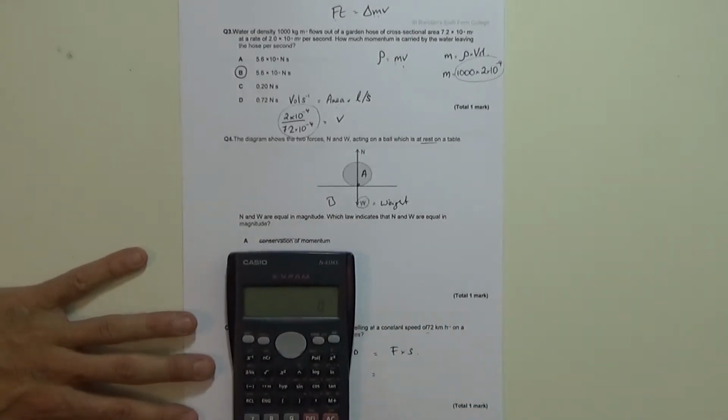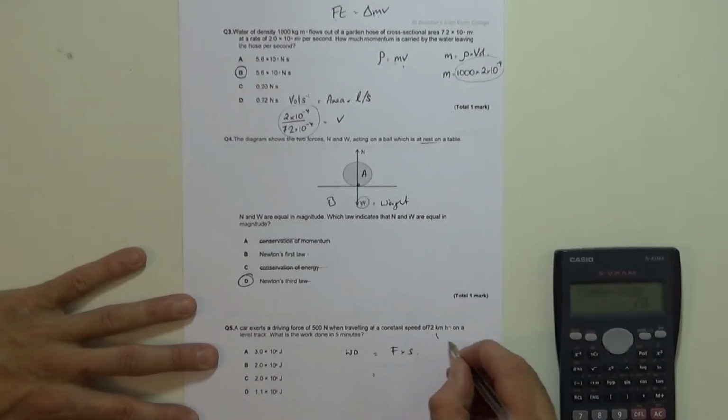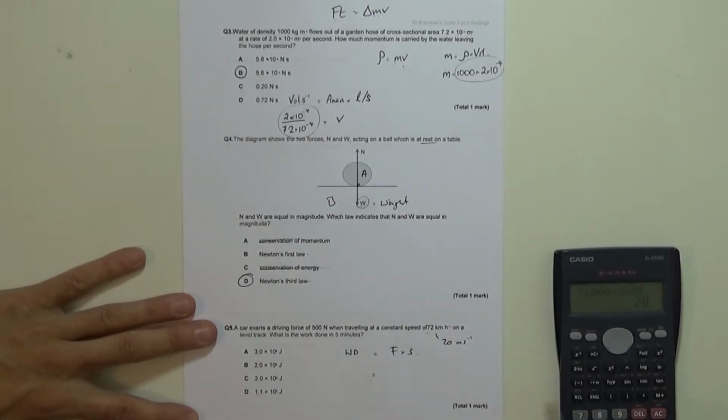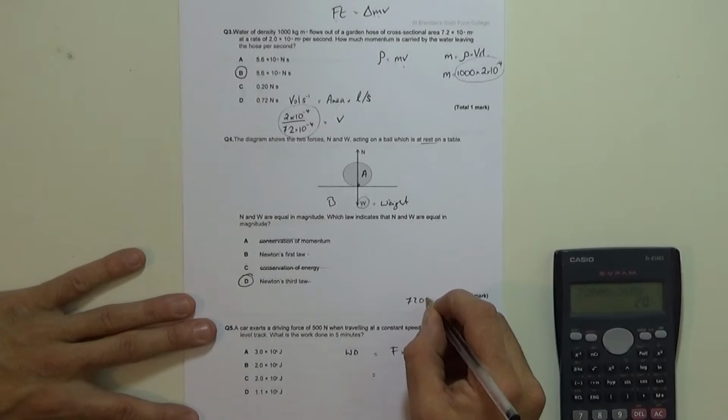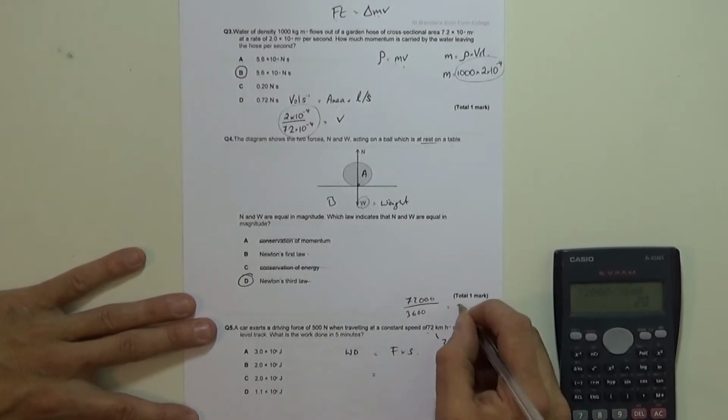Now I'm going to let you into a secret. 72 kilometers, that's thousands, so 72,000 divided by the number of seconds in an hour, which is 3600. That gives you 20 meters per second. You might want to write that in: 72,000 divided by 3600 equals 20.